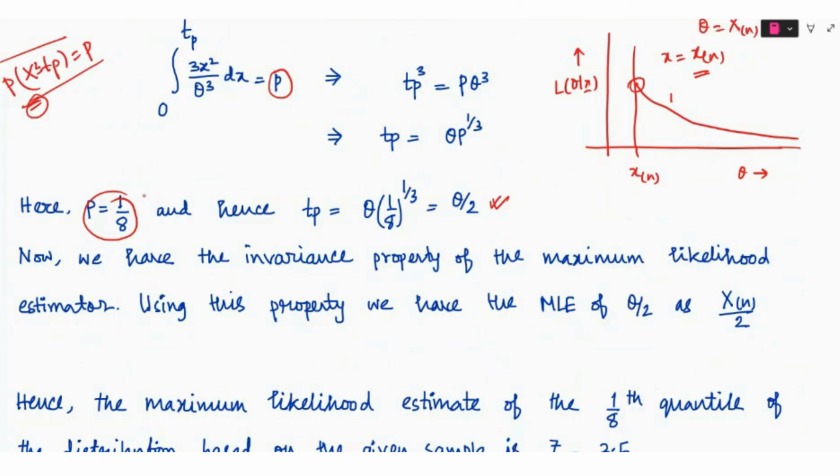Now we have a nice property which is called the invariance property. What does the property tell us?